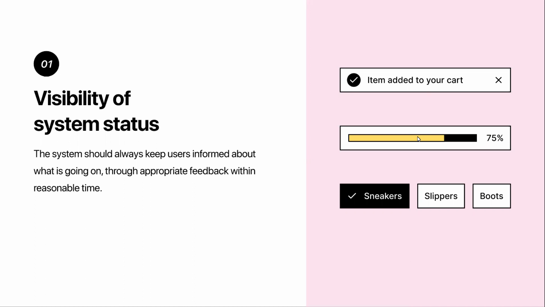Okay. Like when you want to order a ride in a transport tech app, let's say Uber. When you want to book a ride and you click book ride, there should be a notification that, okay, yes, your ride has been booked.